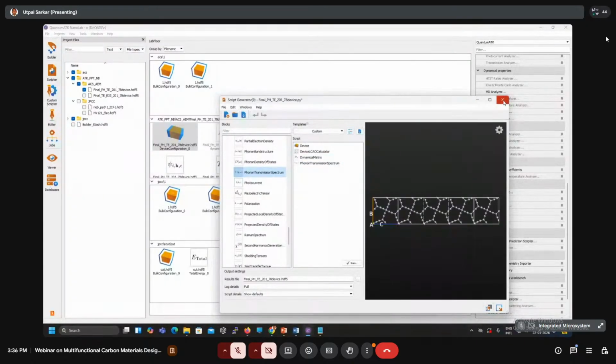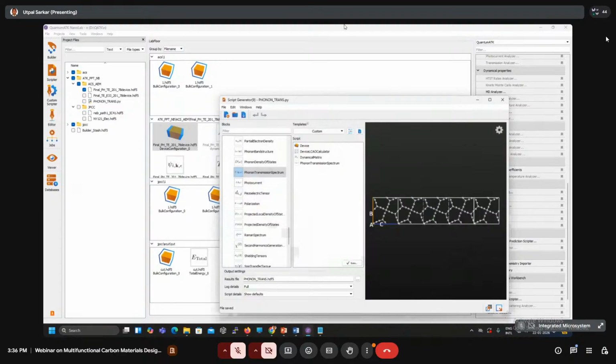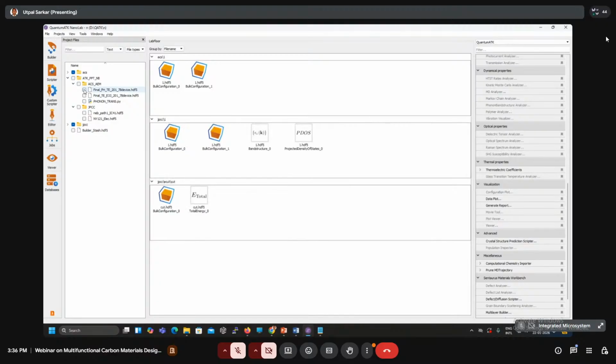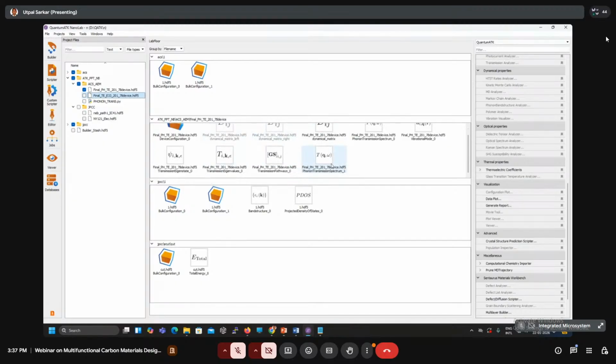Suppose the phonon transmission input is saved for phonon transmission spectrum, and after simulation, this is the output for phonon transmission spectrum.